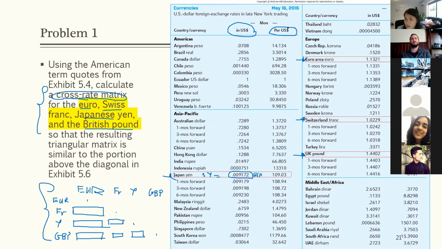In my second column, this will be how much a USD is worth in the relevant currency. So here, 1 USD is worth about 109 Japanese yen. Okay. So if you haven't already, make sure you have this table handy before we move on to the next slide. Okay.